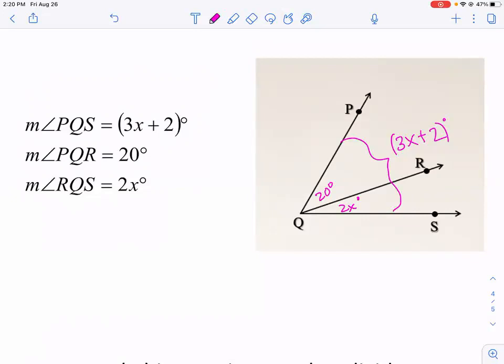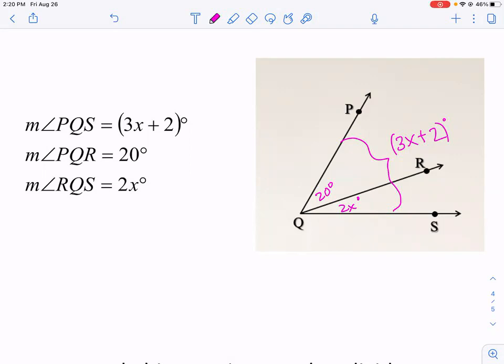Keegan, what equation could we write? Where are you getting 10 from? So is this the angle division postulate or the angle addition postulate? But isn't it nice that like 20 and 2 are there, and so like 10 is a nice number, right?